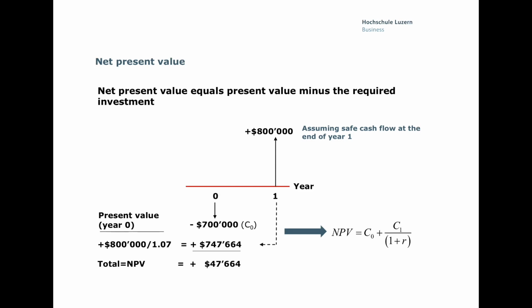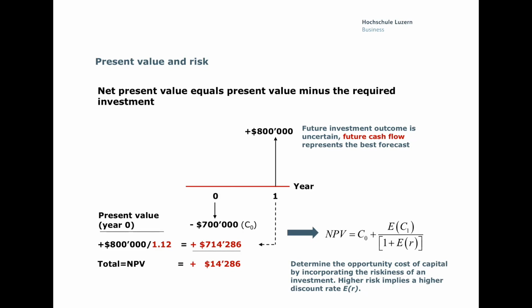The net present value is then simply computed as the sum of the cash outflow in period 0, the investment of $700,000 to build the office block, and the discounted cash flow received in period 1. In our example, the NPV is $47,664. Note that C_0, the cash outflow at time 0, is an investment and thus a negative number.